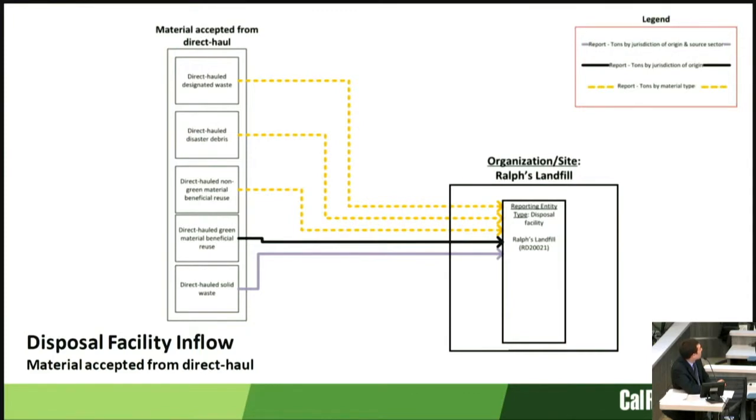Okay, similar situation for the direct hauled non-green material beneficial reuse. We're not calling it potential beneficial reuse anymore because it's reached the point where it is about to be used as beneficial reuse. So the landfill makes a decision to accept a discrete amount of each material type for beneficial reuse.